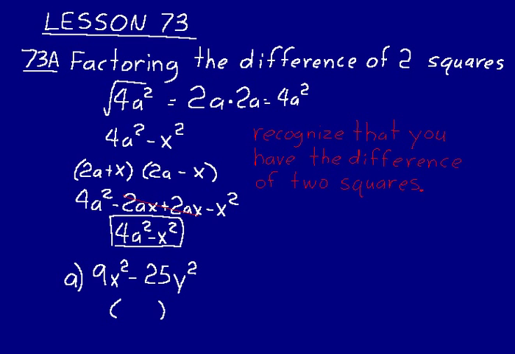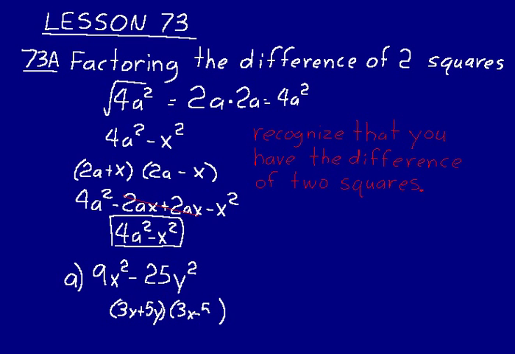So we put some parentheses down. The first term in that squared binomial always goes first in the two binomials that you make. Not 9x, I'm sorry, 3x. We always take the square root, so that'd be 3x and 3x, and then plus 5y and minus 5y.